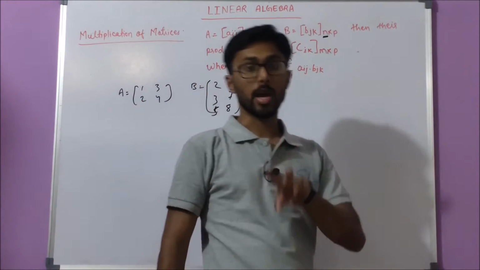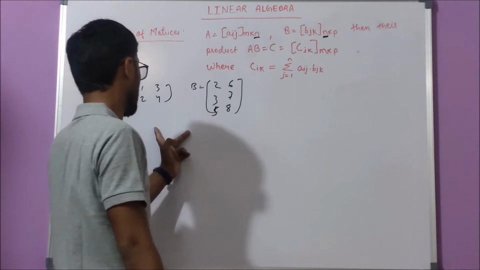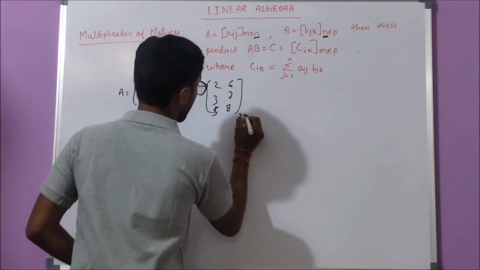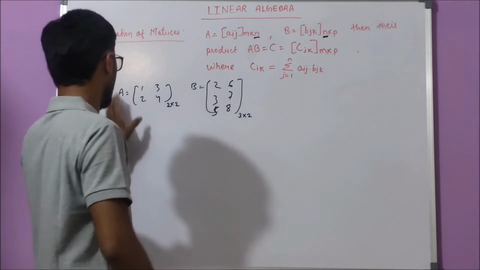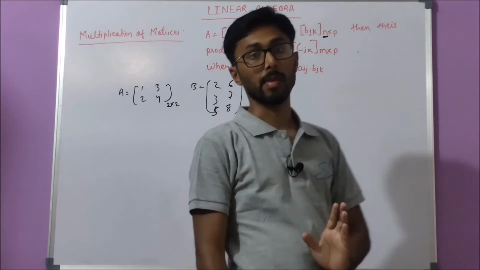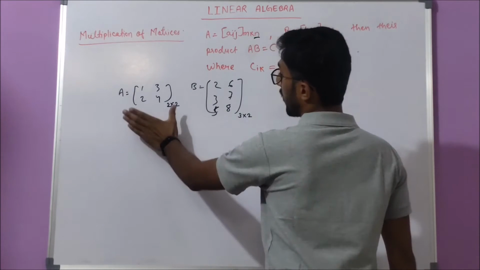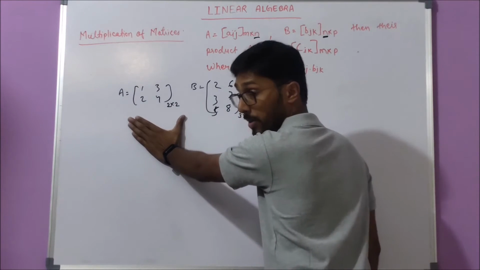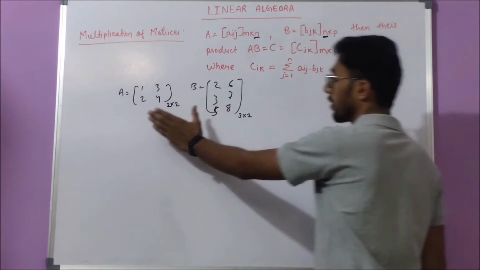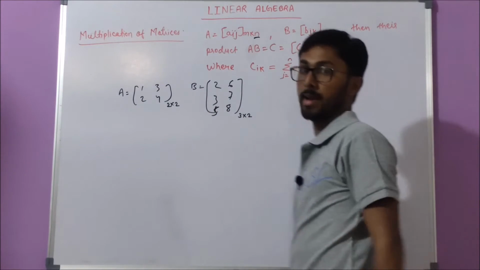If we have to multiply two matrices, then these two matrices should be compatible to be multiplied, which means the number of columns in the first matrix should be equal to the number of rows in the second matrix.